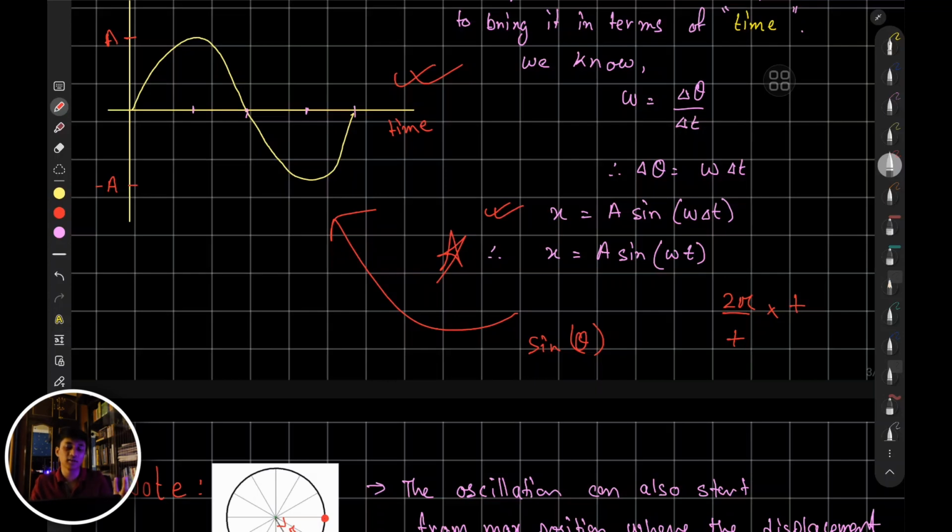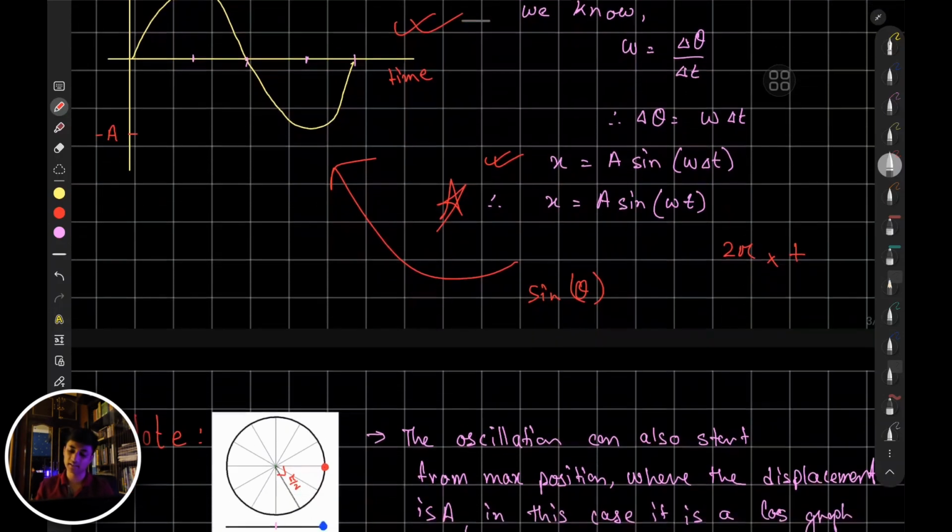Omega t is not an angle, but it is. The interesting thing is omega t actually gives you the theta. The time and time get cancelled out, and you're left with theta. So let's say there is an object with an angular frequency of 2 pi, and you want to know the position of the oscillator after 2 seconds.